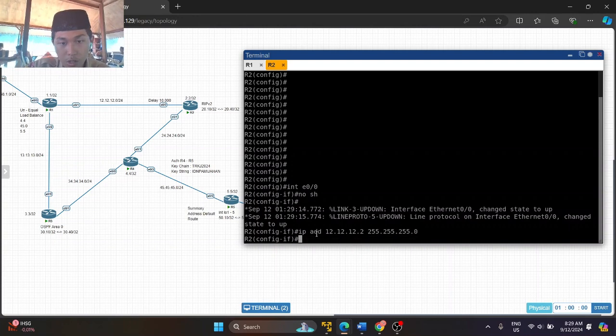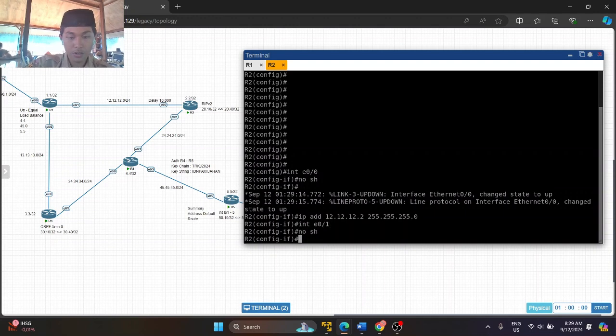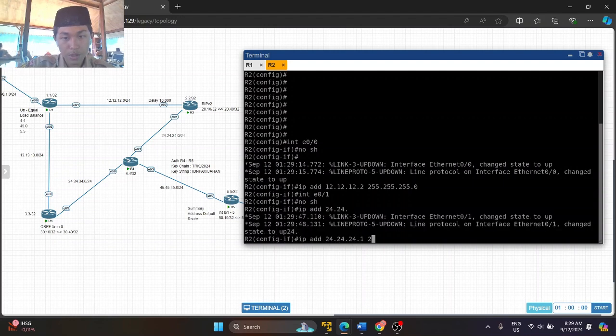Why in interface E0/0 do we use network 12? Because, as you can see, the topology says we use 12. Then interface E0/1, no shutdown. IP address 24.1, the net mask.